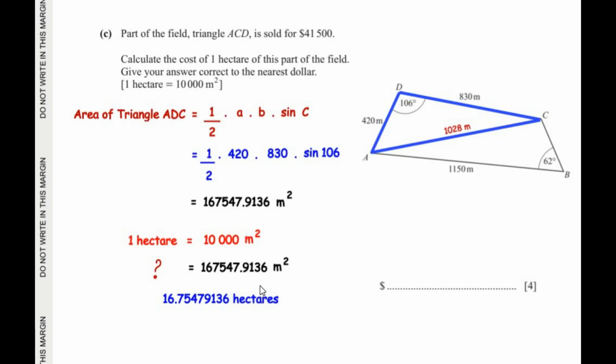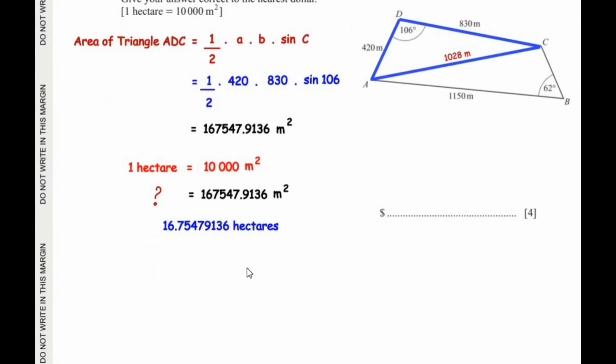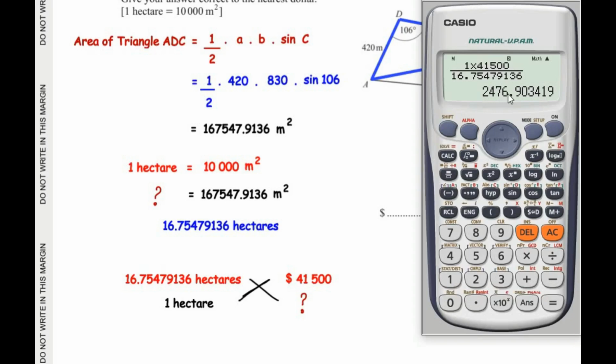So for that again we are going to make use of a cross multiplication method. So here for this area in hectares we have paid $41,500. Then for 1 hectare, how much is the cost going to be? So we are going to multiply these two, that is 1 multiplies with 41,500, and this value of the area divides this multiplication. So we are going to get the value as $2,476.9.